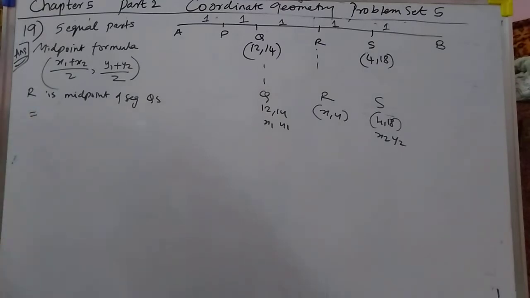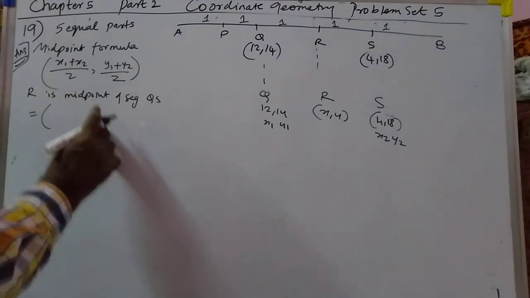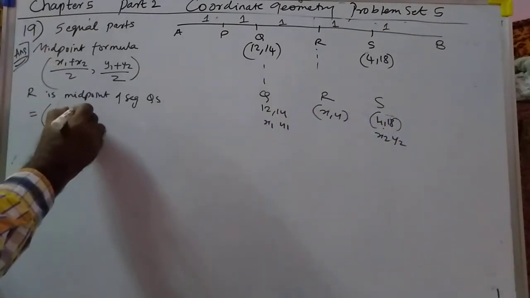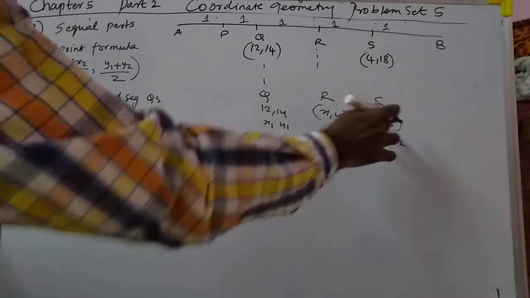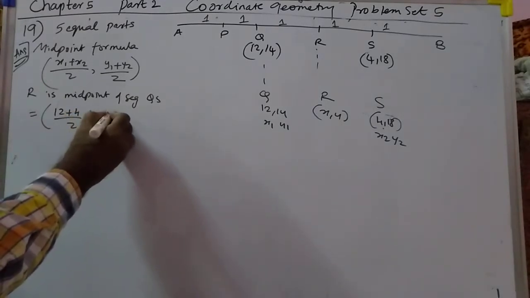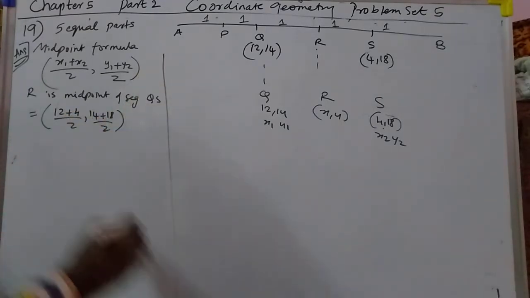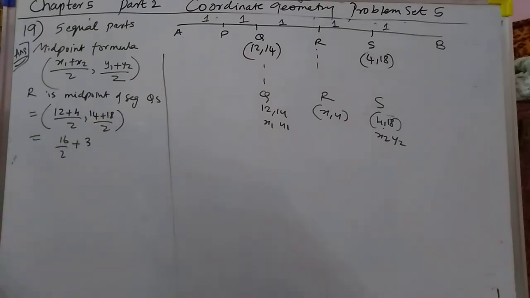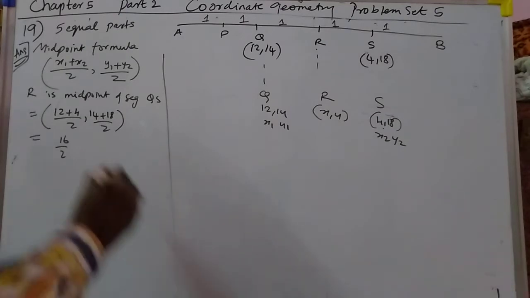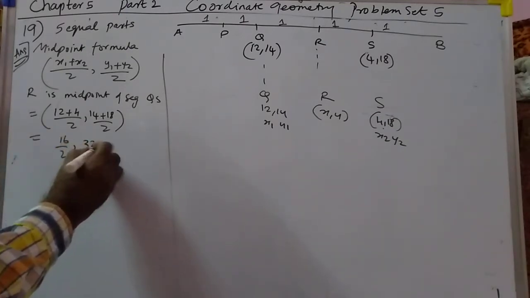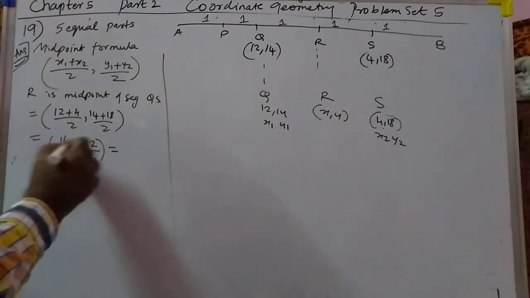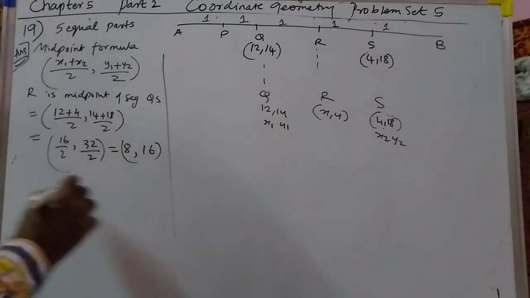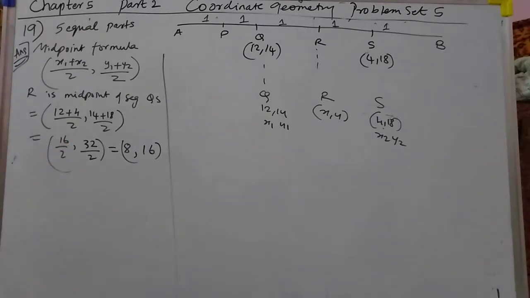So r is equal to x1 plus x2, 12 plus 4 upon 2, 14 plus 18 upon 2. So that will become 16 upon 2, it will become 32 upon 2. So you cut it, it will become 8 and 16. Okay, so you got this r.